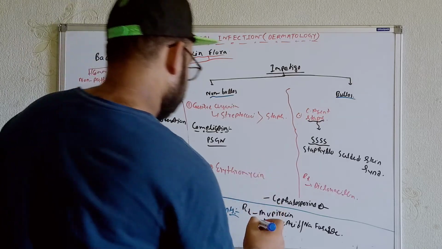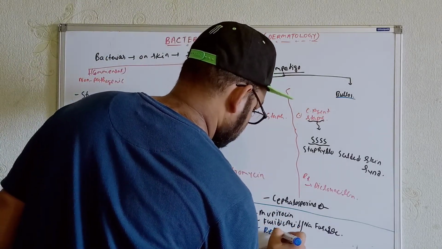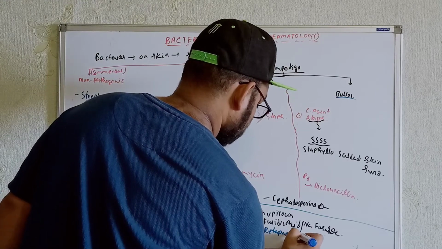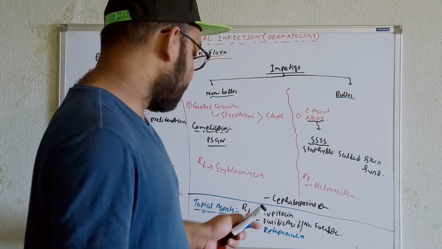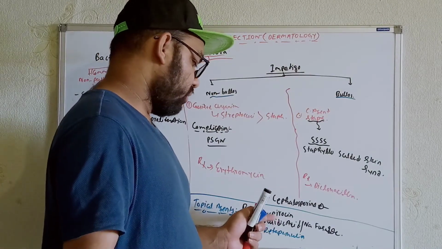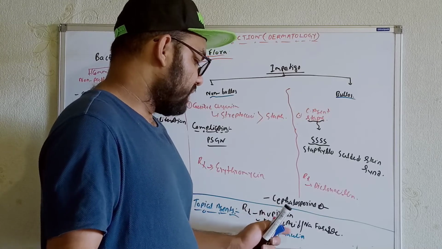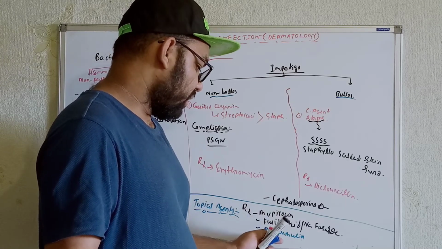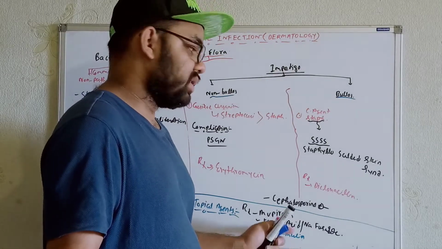The names of the drugs are just like this. So the topical agents we can use are mupirocin, fusidic acid or sodium fusidate, and also retapamulin.